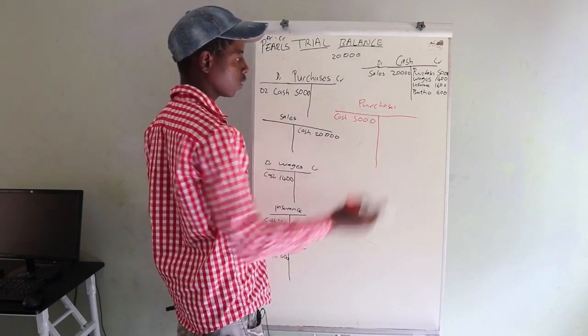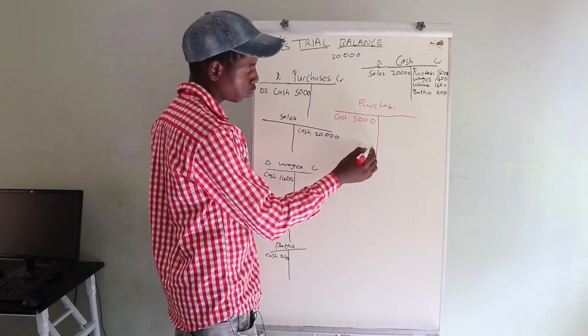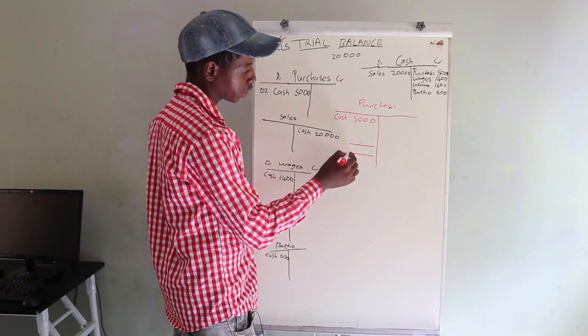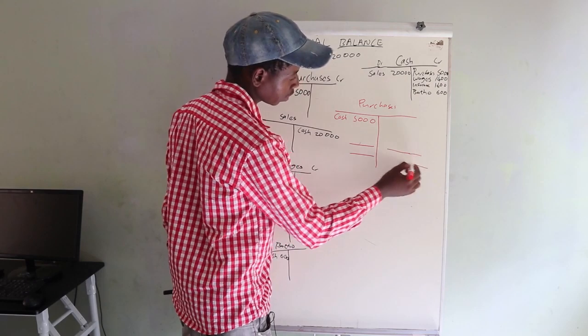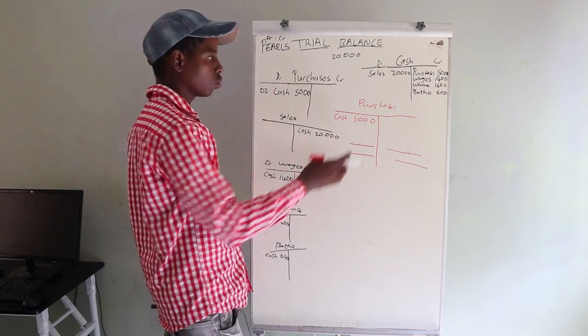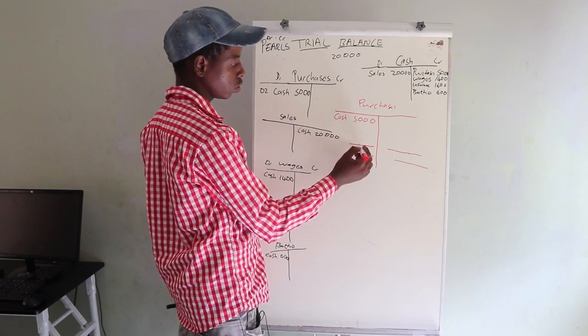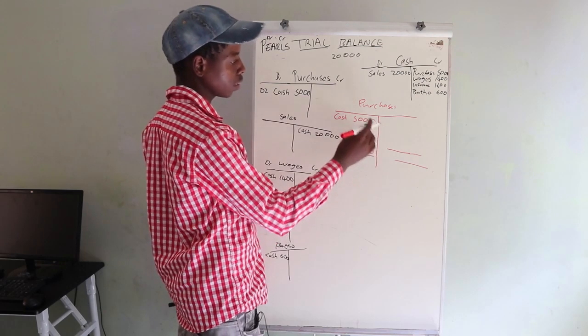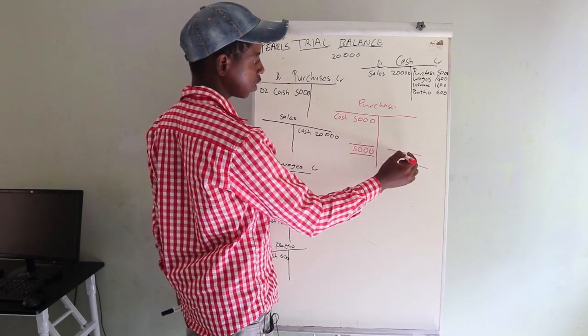And then we've got nothing here. So what are we going to do? We're going to make an equal sign on this side and an equal sign on this side, right? So we're saying 5,000 is the big number. So here is 0, so we're going to write 5,000 again here.